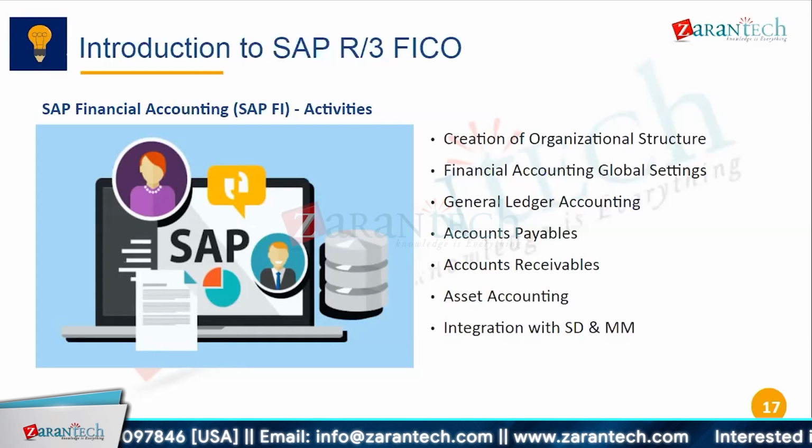So when you're looking at SAP, you always need to understand first the organization structure. What would be the areas of an organization structure? A company, or what we call a company code, a controlling area, creation of a plant. These are organization structures.